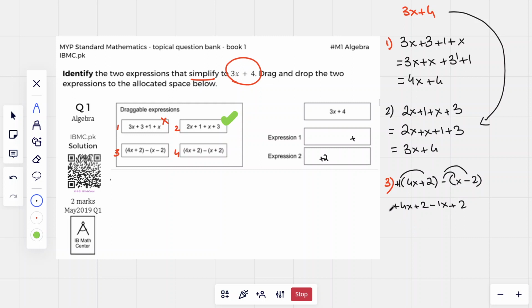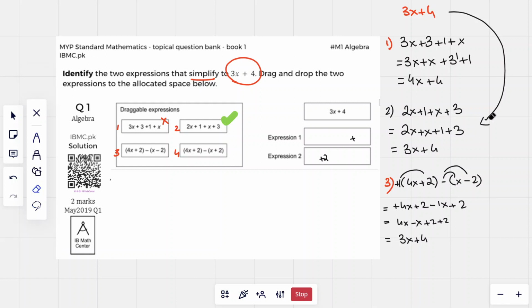So we've got two terms now which are defined in x, 4x and minus 1x, or we can also write it as minus x. And then we've got plus 2, and then again we have plus 2. So 4x minus x will be 3x, 2 plus 2 will be 4.